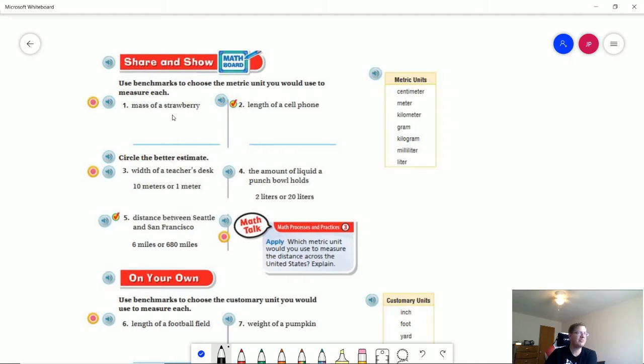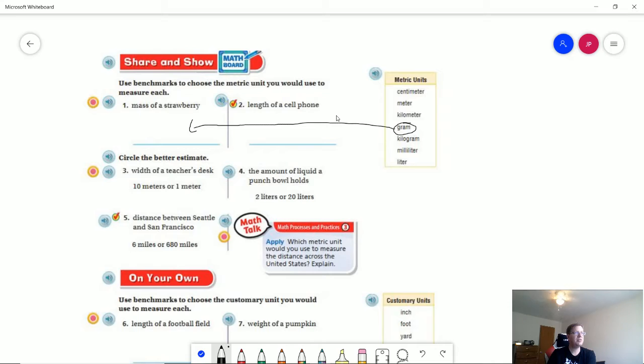A strawberry is very light. We could probably use a certain number of paper clips or centimeter cubes, the 1 gram centimeter cubes that we would have in the classroom, and put each thing on one side of a balance and eventually get that to balance out. So strawberry would probably be better to measure in grams.